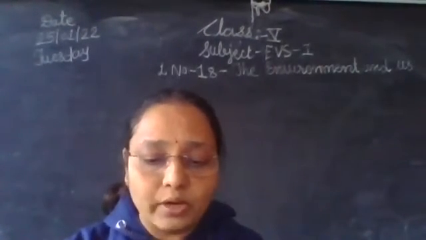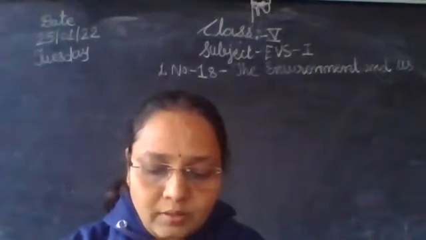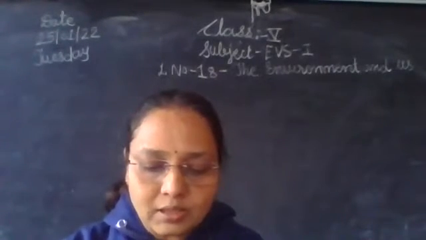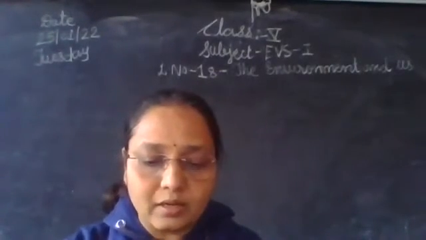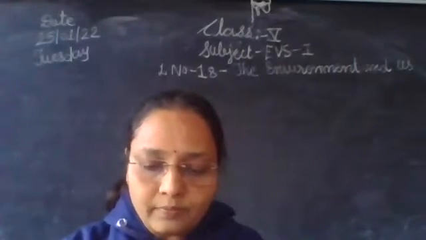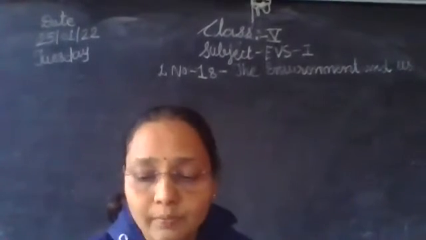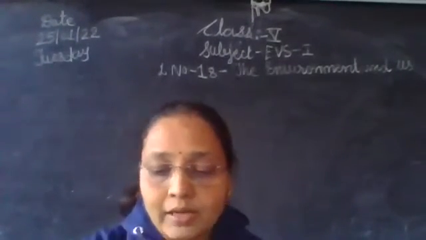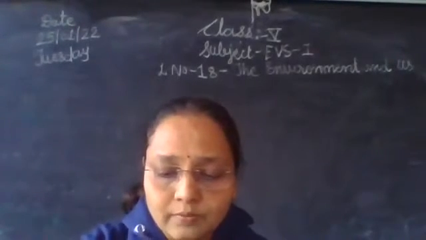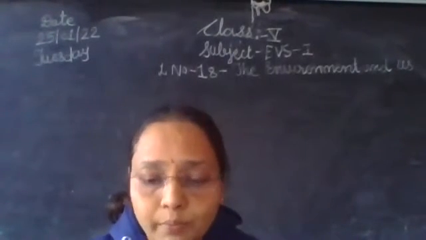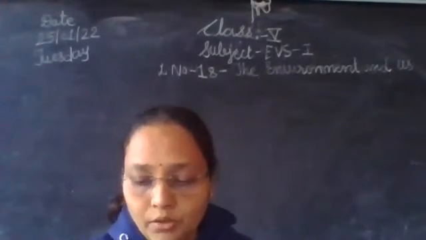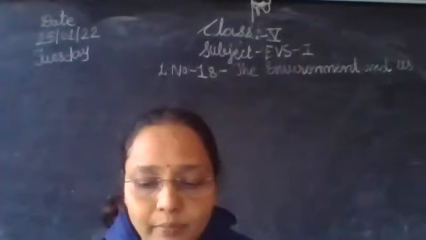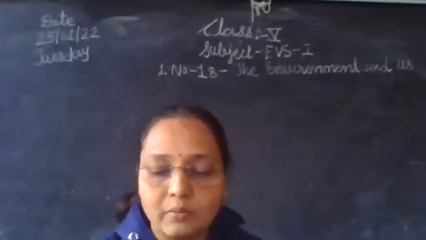Sparrows are going to be extinct. Animals such as lions and tigers are going to be extinct due to human activity. That has a big impact on human life and on plants and animals.